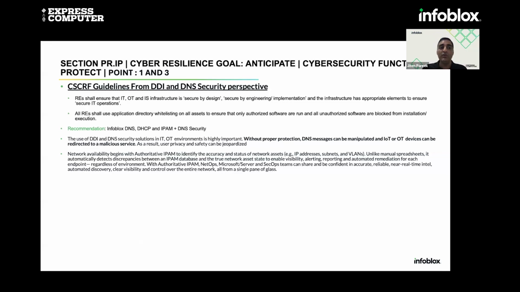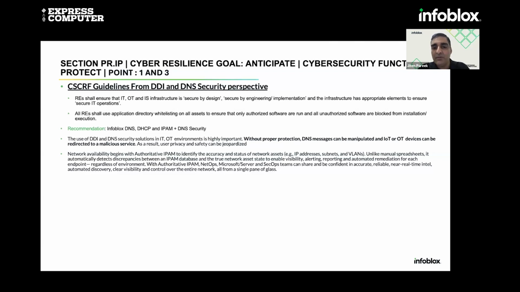All REs shall use application directory whitelisting on all the assets and avoid unauthorized software by blocking it from installation. The recommendation is to use integrated DNS, DHCP, IPAM, and DNS security, because with a DDI and DNS security solution, as I mentioned earlier, any device which has been connected to the network requires an IP. So DNS, DHCP, IPAM is mandatory for any device, whomsoever it is.